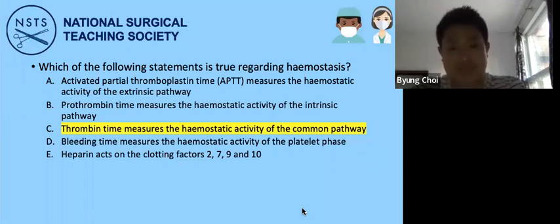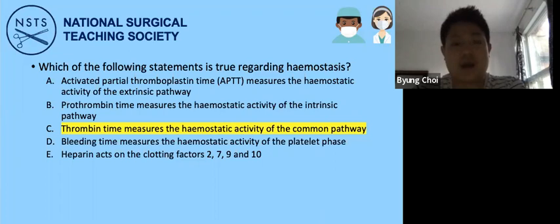You give a prick to the skin and measure the time it takes to stop, and there'll be a standard deviation of the average times it should take compared to the normal average person, and whether that's off or not. Clearly that will include platelet function, but it's not only the platelet phase, which is immediate.